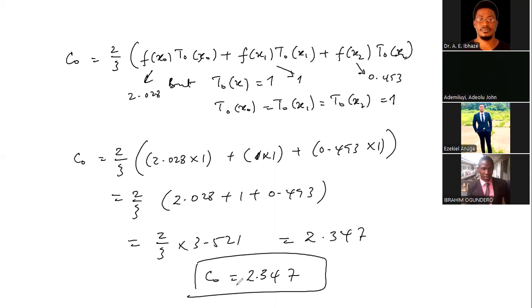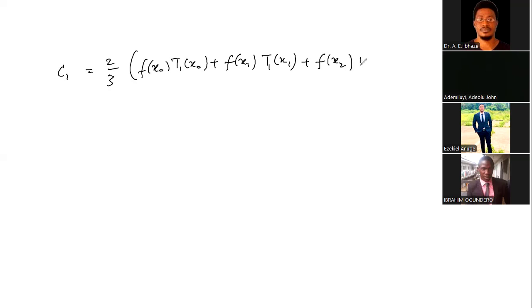So we can apply the same technique to evaluate the other coefficient, C1, which is the same as 2 over 3, f of S0 T1 S0, plus f of S1 T1 S1, plus f of S2 T1 S2.